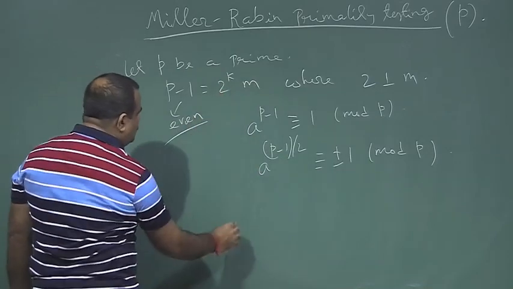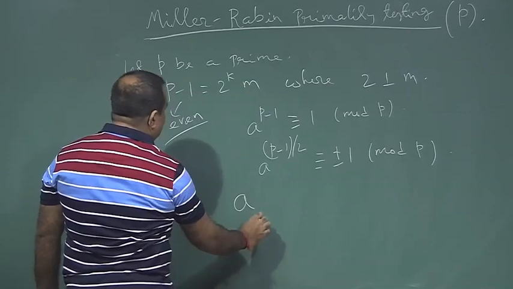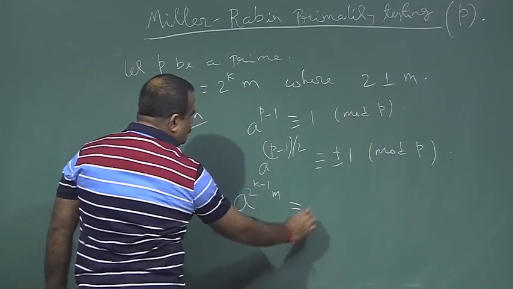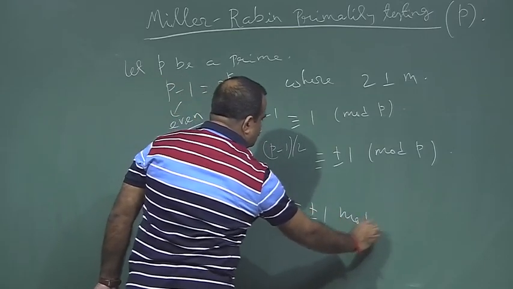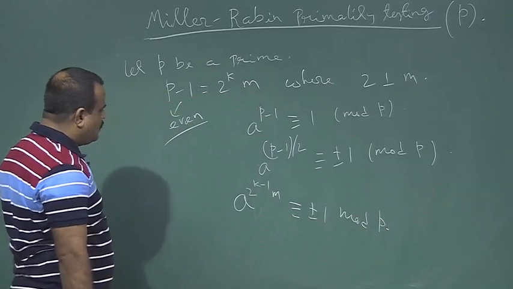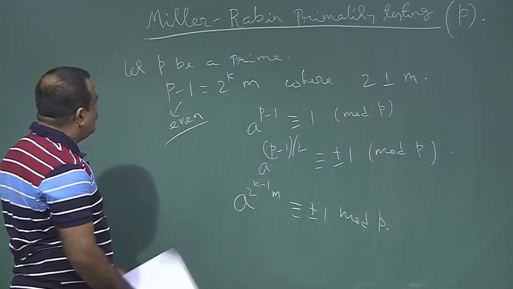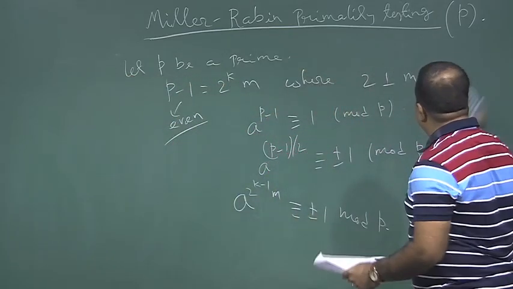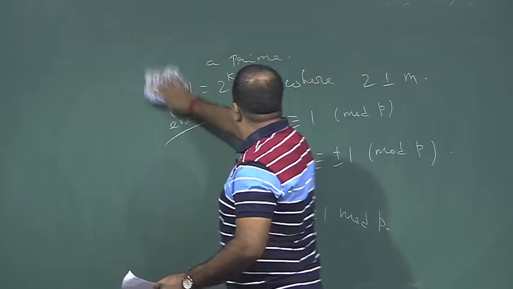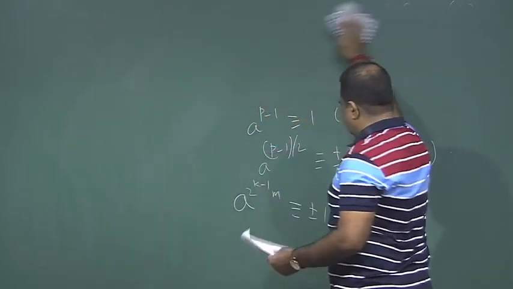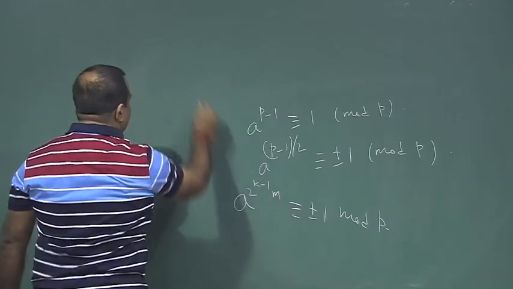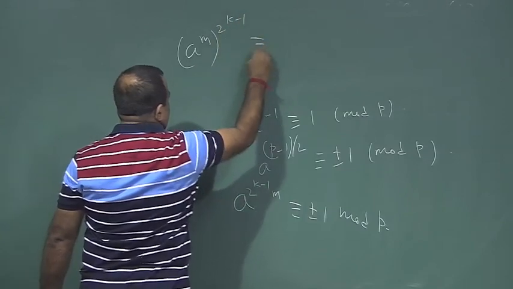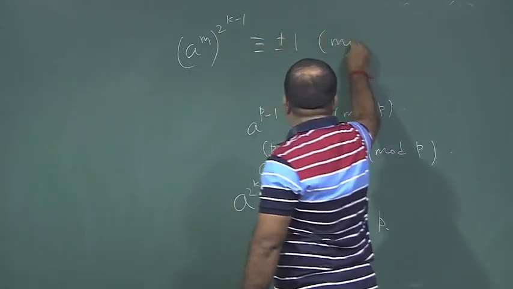It is basically a to the power 2 to the power k minus 1 into m, which is congruent to plus or minus 1 mod p. So, this can be written as a to the power m, to the power 2 to the power k minus 1, is congruent to either plus 1 or minus 1.